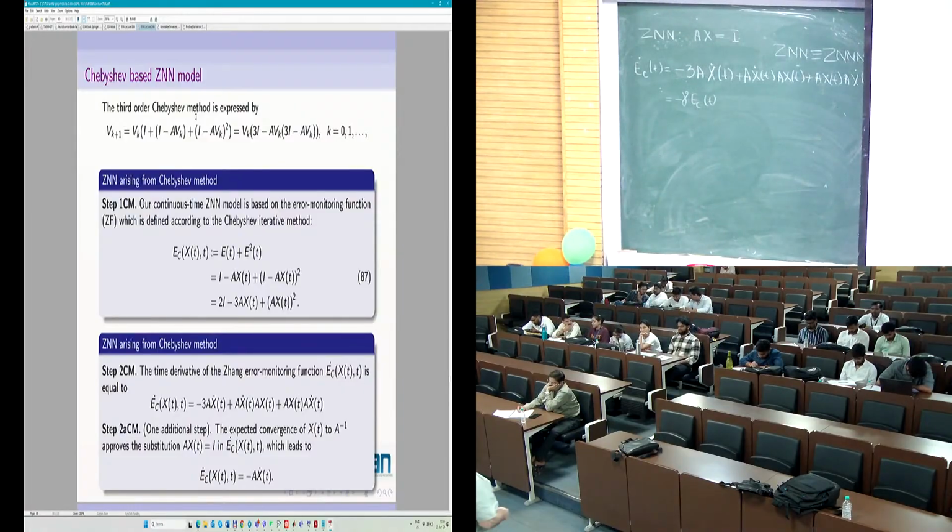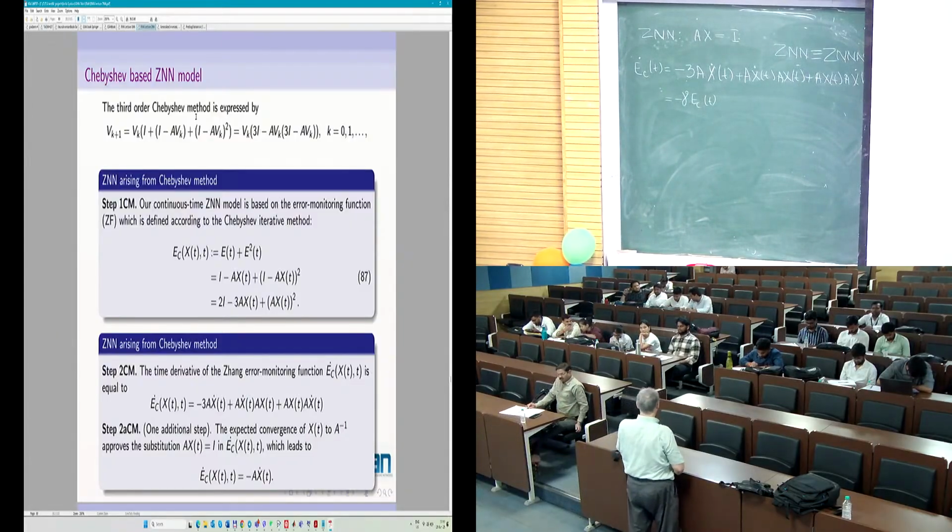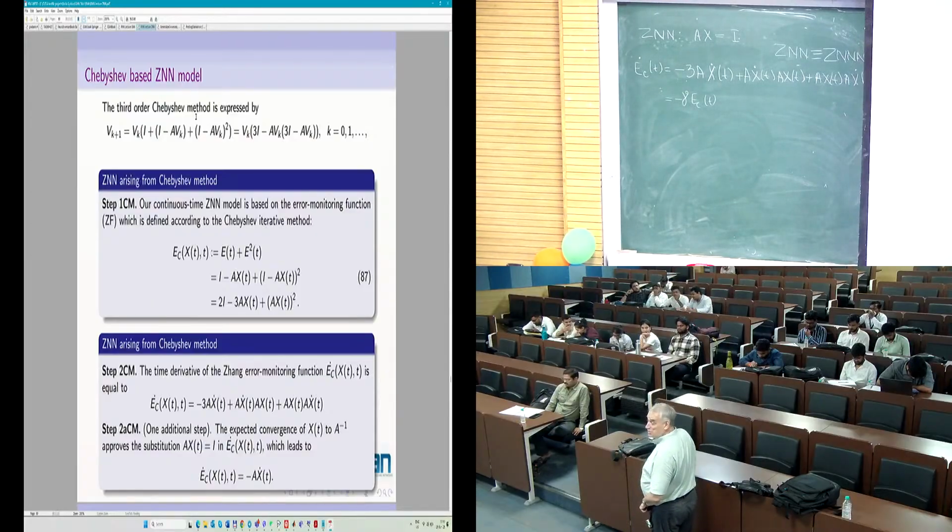This investigation was around 2016, 2017, but thinking from the current point of view, it looks possible to develop a ZNN model according to this general rule. This model, E_C dot equals minus gamma E_C, is not considered so far.